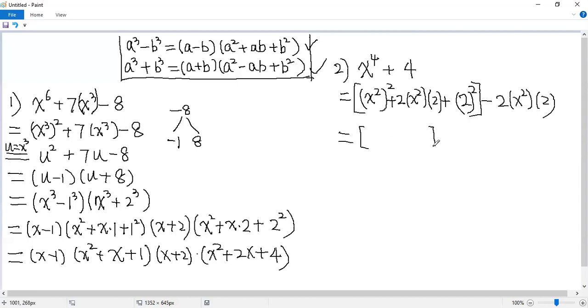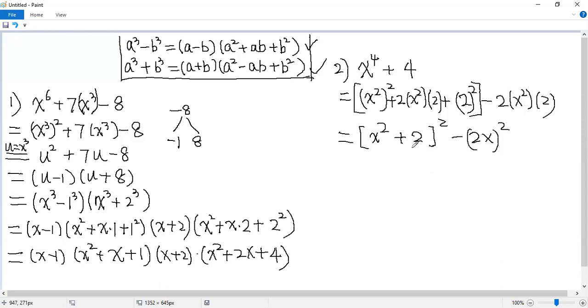Now this first part equals a perfect square, (a plus b) squared. A is x squared, b is 2. The last term is 4x squared, which can be written as (2x) squared.